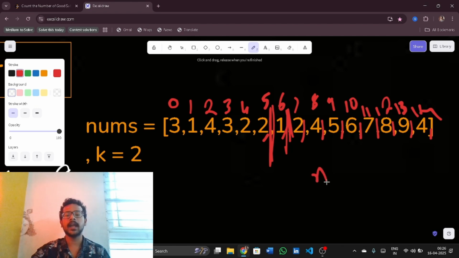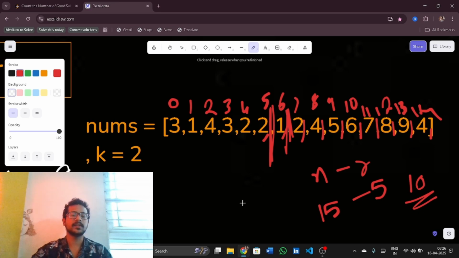So totally I'll get n minus r. 15 minus 5 gives me 10 subarrays. So totally I have 10 subarrays. That's it.